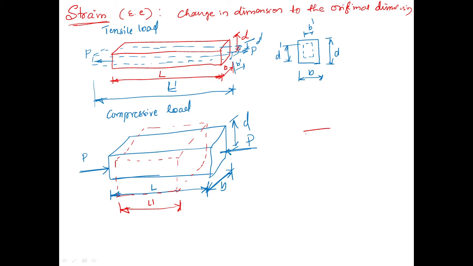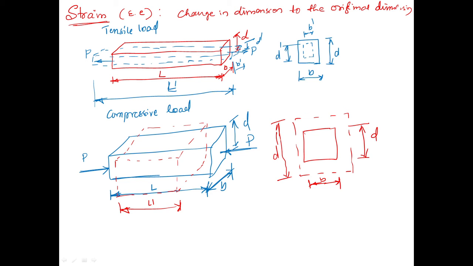Now if you consider the side view here, this is depth, this is breadth. Okay. Now this is D dash, this is B dash. Right?